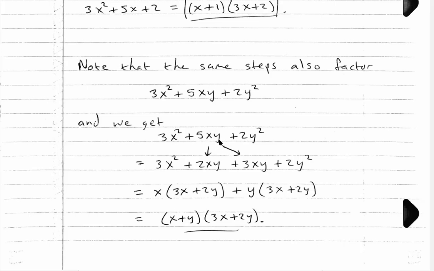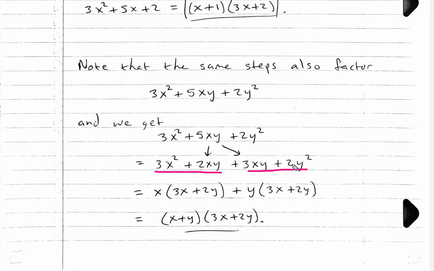So this 5xy splits into 2xy plus 3xy, and then factoring this by grouping, still a common factor x, but if you factor that out, now it's 3x plus 2y.